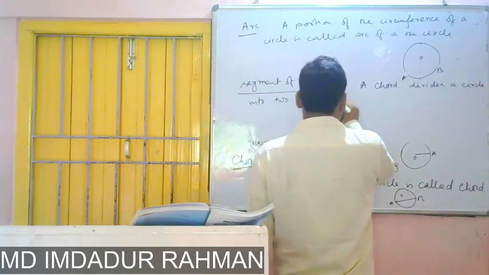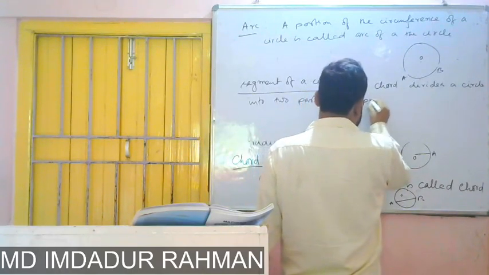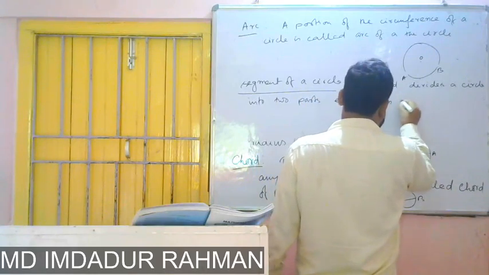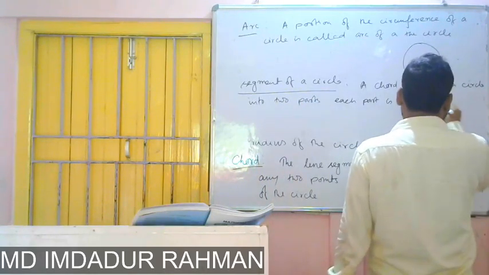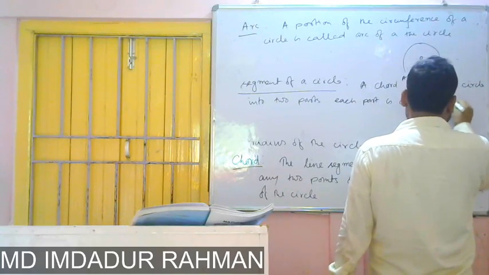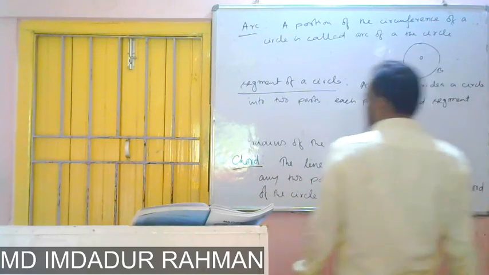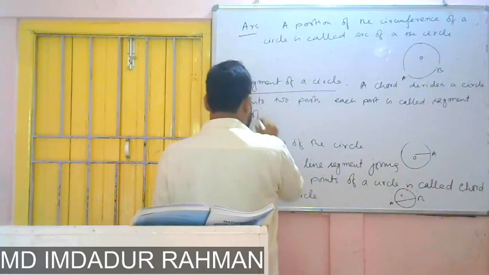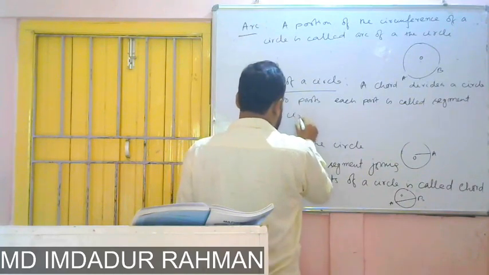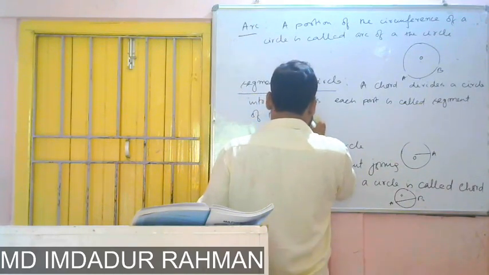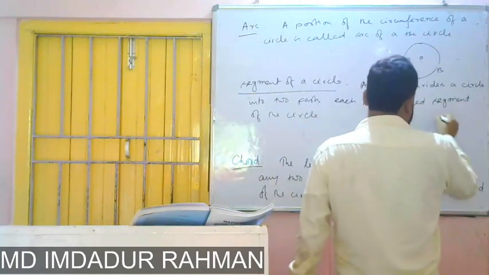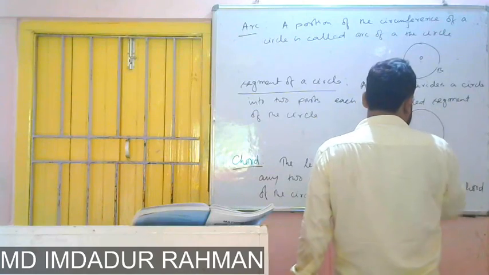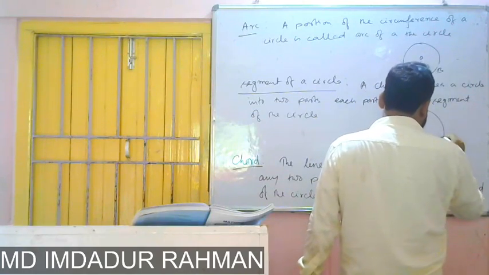Each part is called a segment of a circle. Now we will draw a circle and a chord AB.